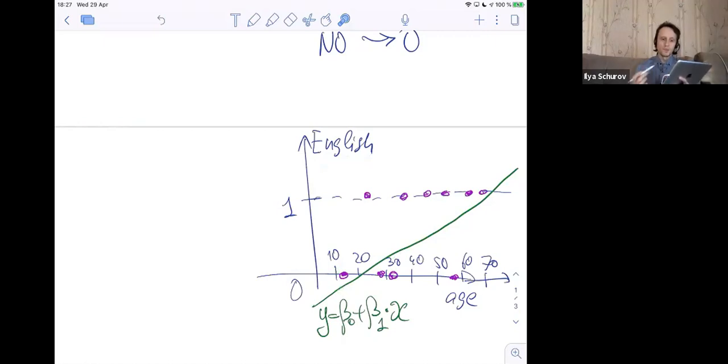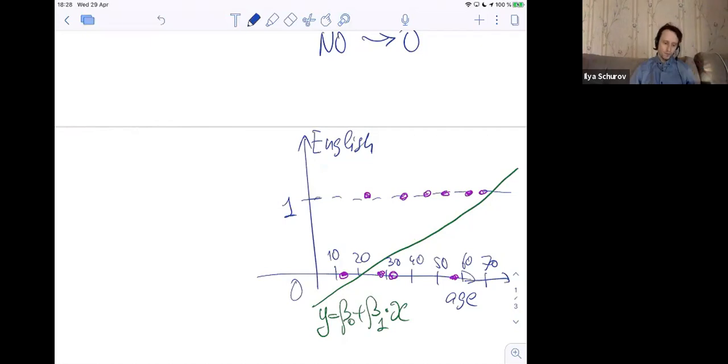So it means, for example, that we cannot interpret these values predicted by our model as, for example, the probability for a particular person of this age to know English.